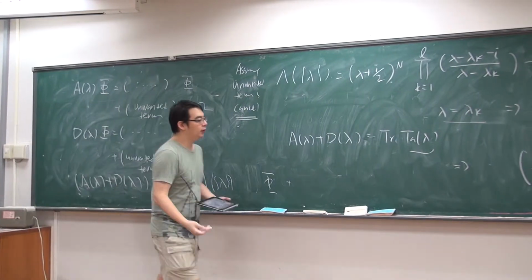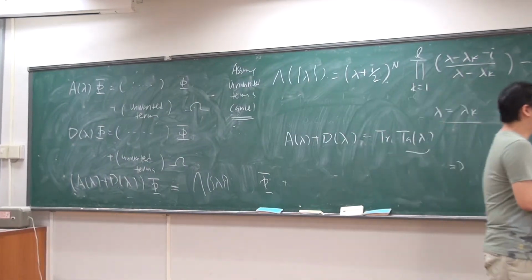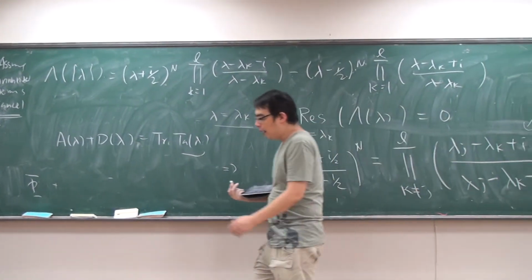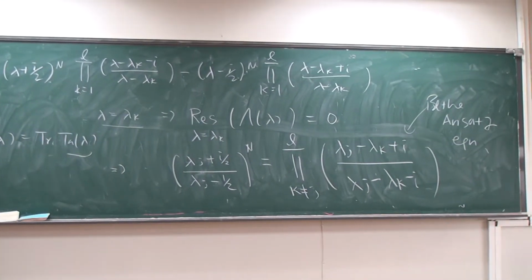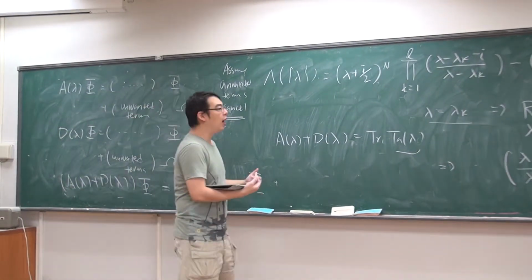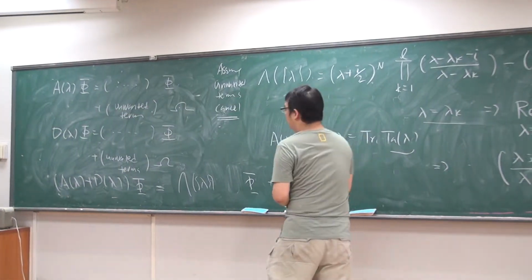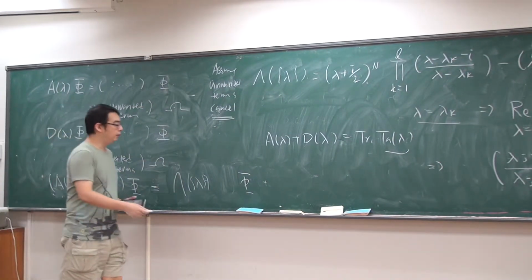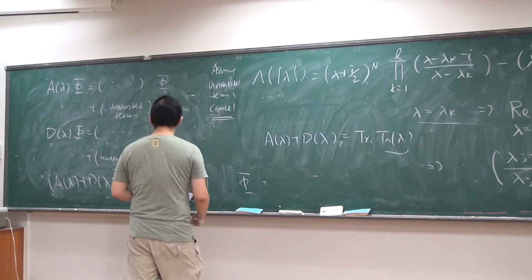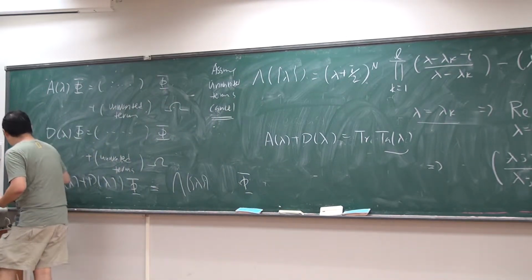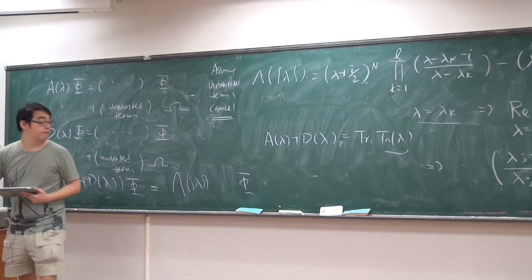So in other words, the Bethe Ansatz equation is also the necessary and sufficient condition for the unwanted terms to die off. And therefore, we have φ indeed become the eigenfunction of the operator F(λ).